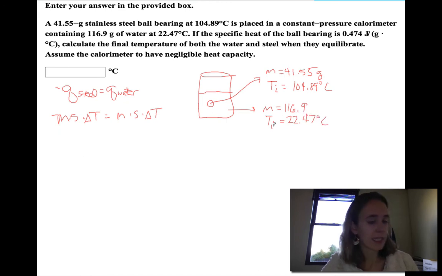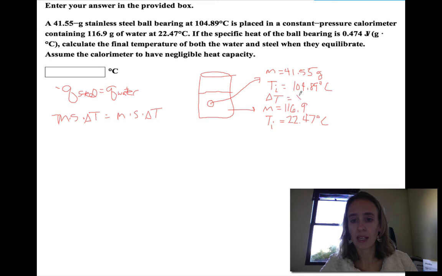Now what we need is an expression for delta T, because the change in temperature is what the heat transfer expression calls for. So delta T we're going to define as the change between final temperature and initial temperature. Once the system equilibrates, the final temperature of both the ball and the water will be the same.